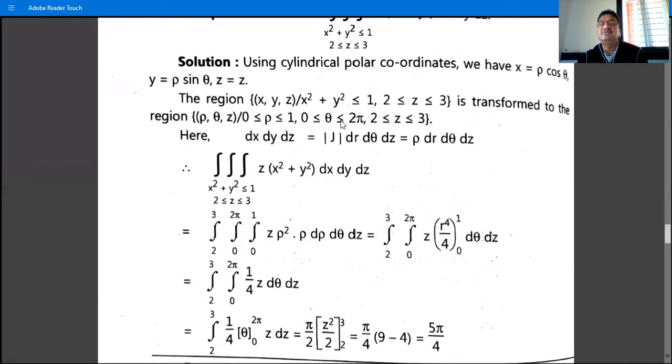Theta runs from 0 to 2 pi, because we have to cover the whole circle, and z runs from 2 to 3. Therefore dx dy dz is replaced by mod J dr d theta dz, and what is mod J? Mod J is r.